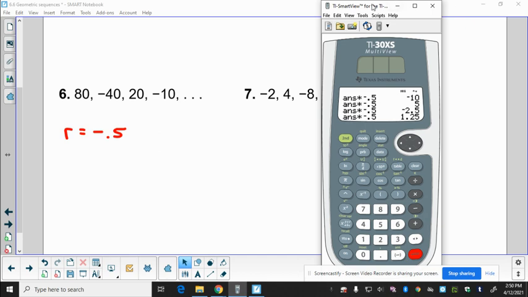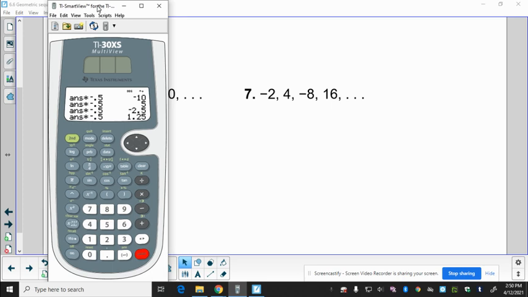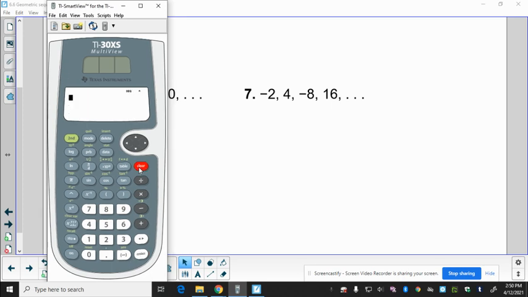Finally, number 7. Take your first numbers, 4 divided by negative 2. Okay, that's negative 2. That's your common ratio. All right? So what you're going to do is record that. Common ratio is negative 2.